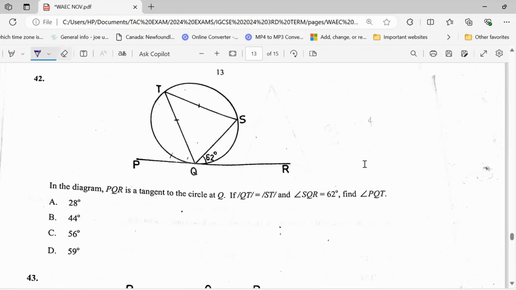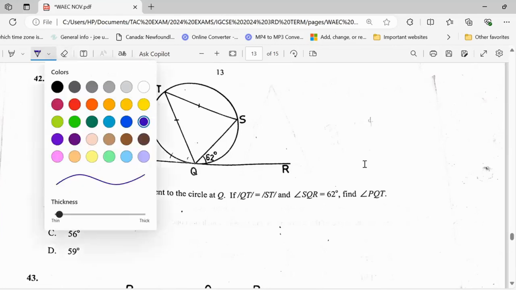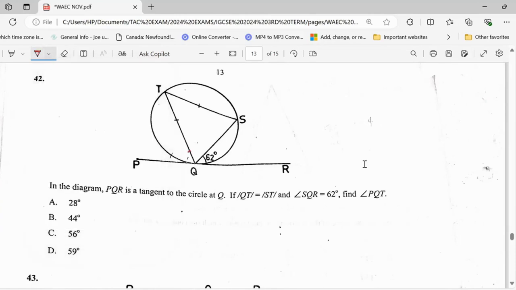So let's go and mark angle PQT. That's what we need to find. So we are looking for this angle here, angle PQT.